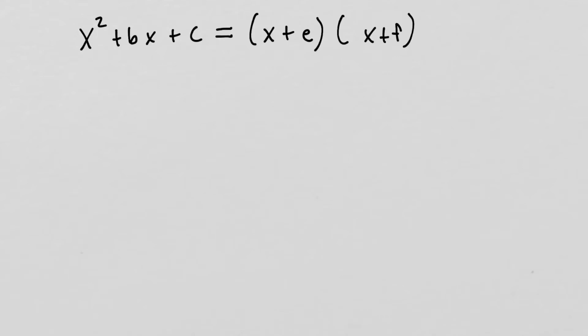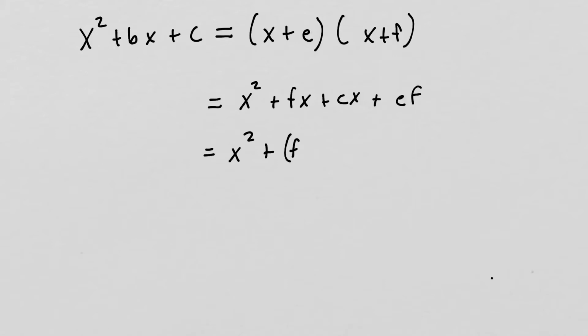If we write the right-hand side out, multiplying it, we'll get x squared plus fx plus ex plus ef. Rewriting this, we get x squared plus (f plus e) times x plus e times f.